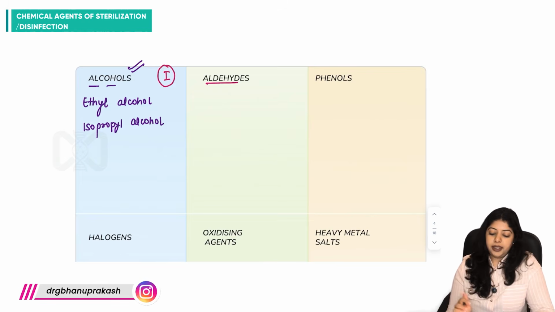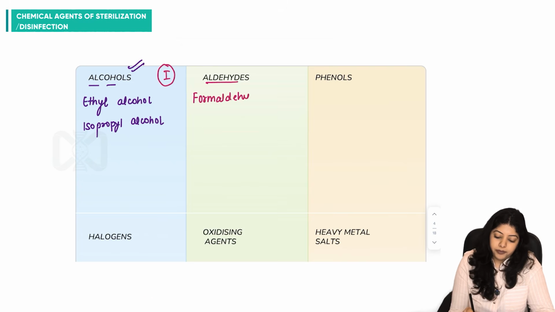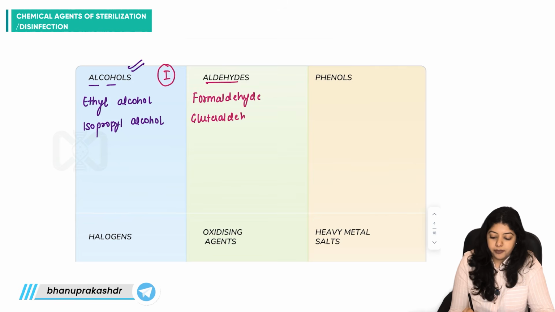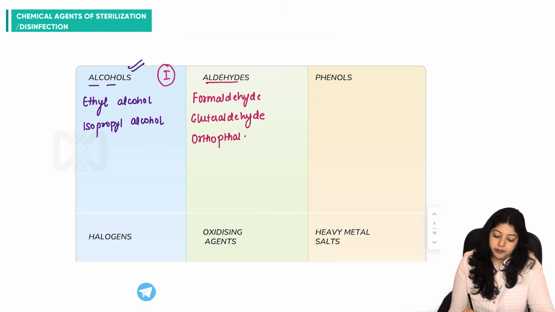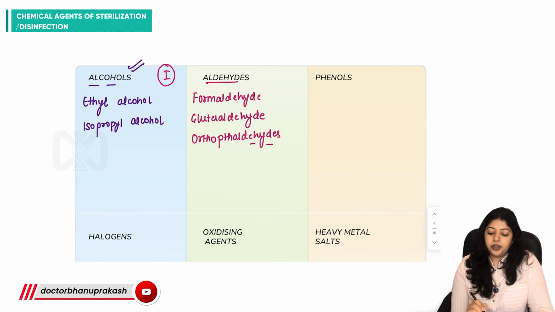Now these aldehydes are formaldehyde, glutaraldehyde, and orthophthaldehyde. So how do you remember the aldehydes?